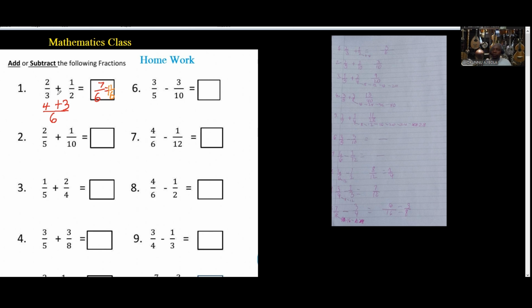Yes. Then we'll check the bigger one. Is it a multiple of the smaller one? If yes, we will pick it. But if no, we'll look for the next multiple of the bigger one, right?